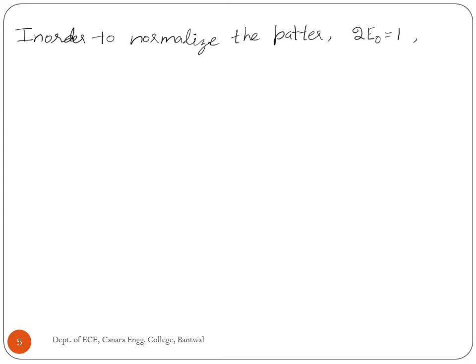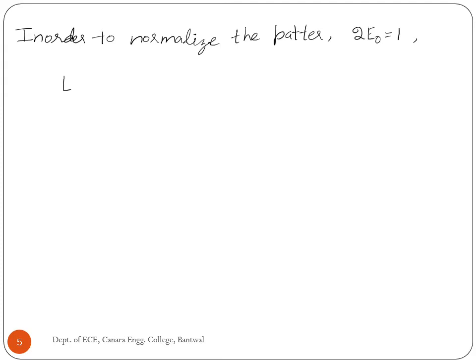In order to normalize the pattern, the amplitude 2E0 is set equal to 1.